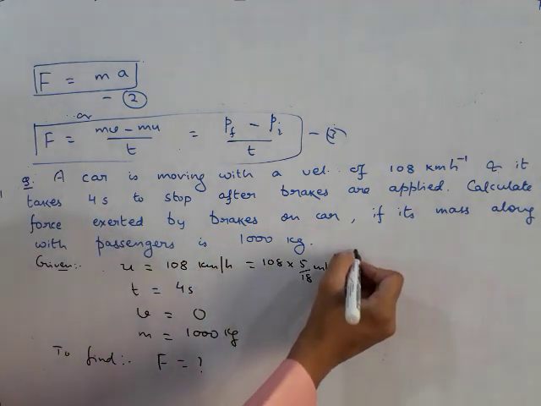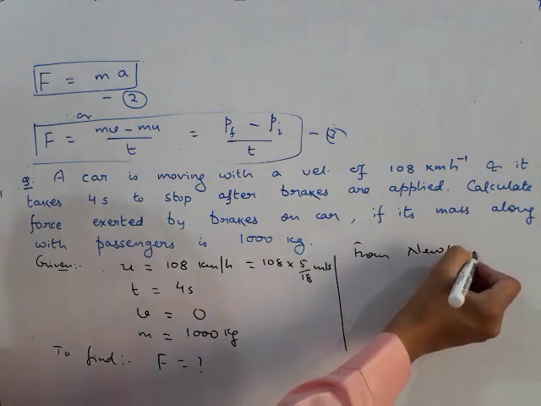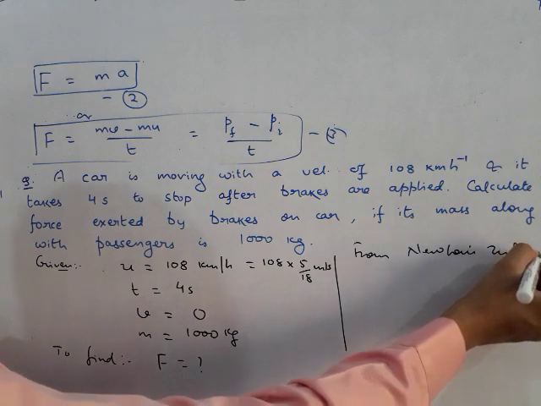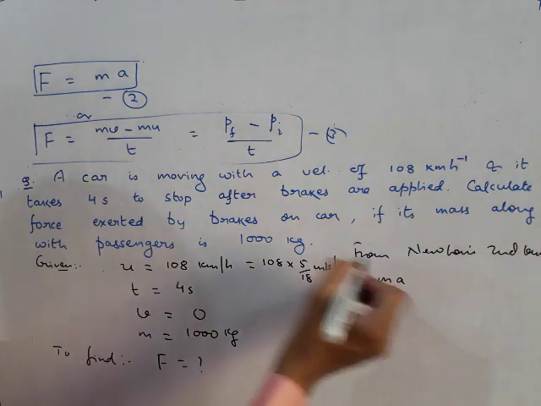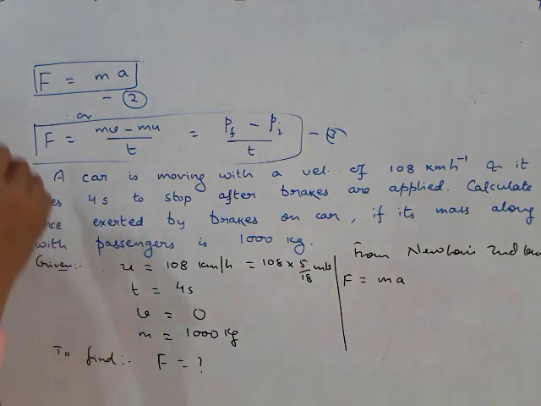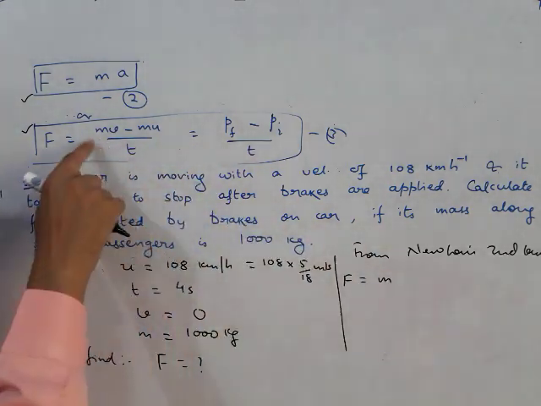So we will use Newton's second law. From Newton's second law, force is equal to m times a. But a is not given. So I have told you there are two forms. Instead of using this, I will use this form, (mv minus mu) by t.